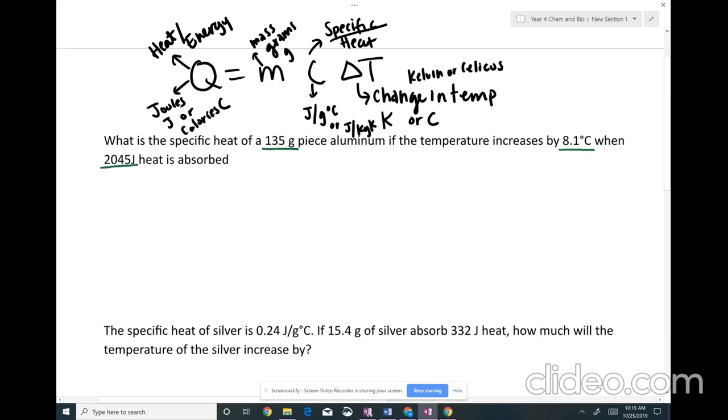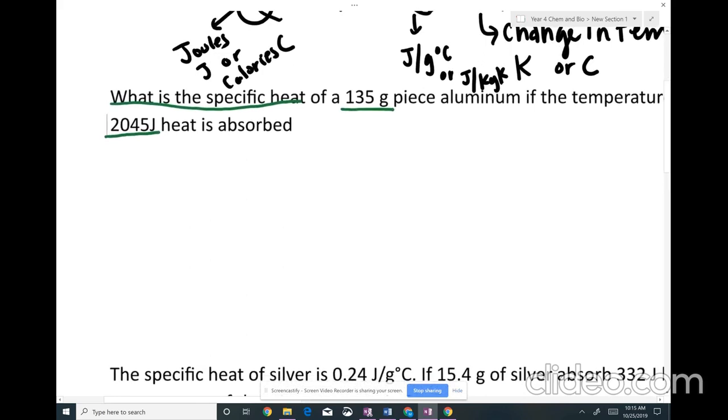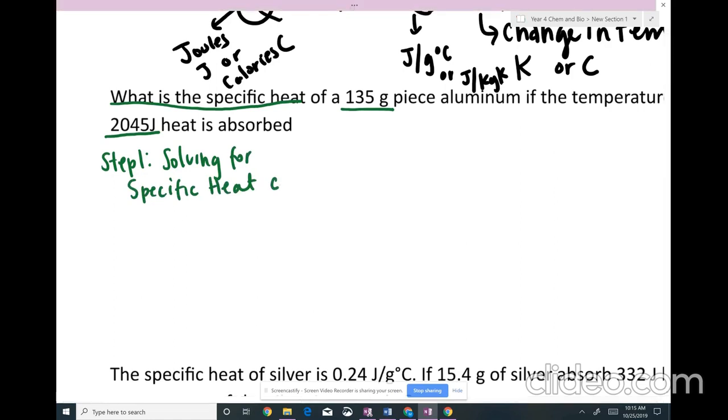Those are the numbers that they give us. And then our question is, what is the specific heat? So our step 1, we are solving for specific heat, and specific heat is C. So that's going to be our step 1.